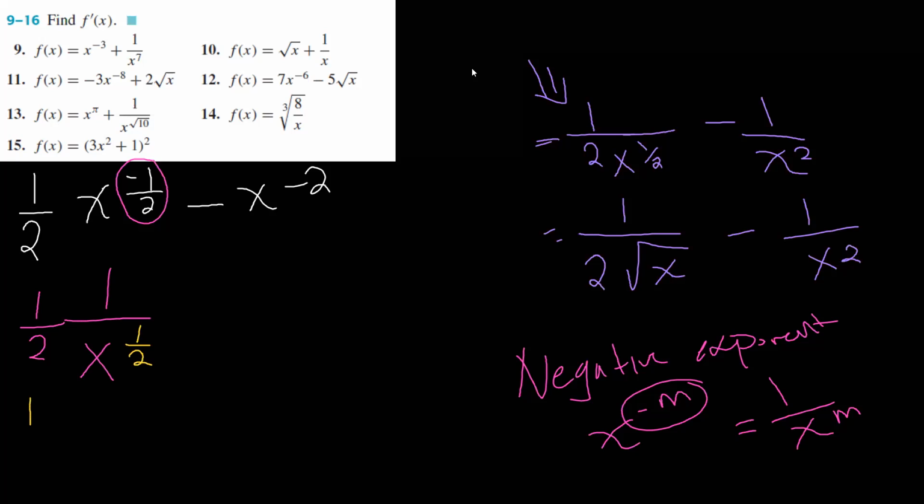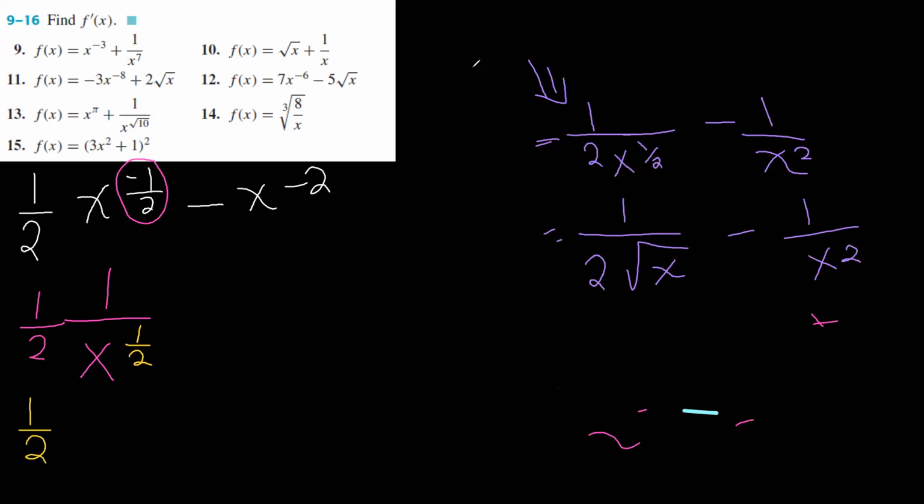Then, after that, you also have to know that if you have x raised to the power m over n, x raised to a fraction, it can be written as the root of x with m over n.